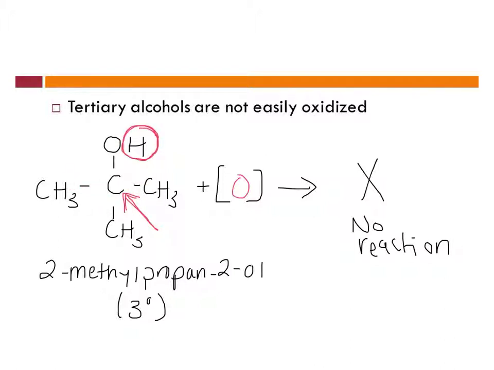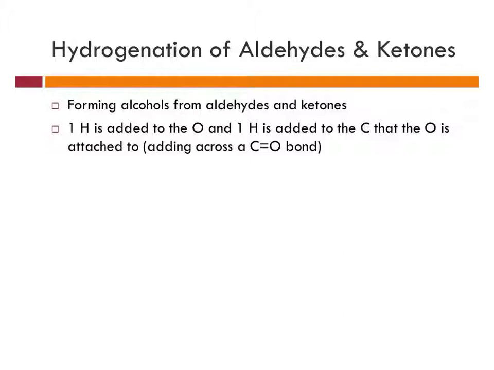So the hydrogenation of aldehydes and ketones is similar to the hydrogenation of double bonds that we saw previously, but it involves the addition of hydrogen, or H2, across a carbon-oxygen bond instead of across a carbon-carbon double bond.